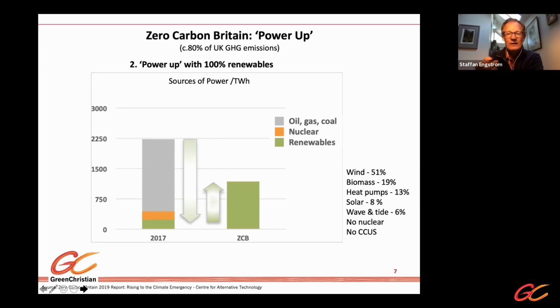They've taken out oil, gas, and coal, they've taken out nuclear, so there's a small amount of renewables, and then there's a massive increase required in renewables to provide that reduced level of power. They have calculated that for the UK, wind would be 51%, biomass 19%, heat pumps 13%, solar 8%. And they've said no nuclear, no carbon capture and storage.